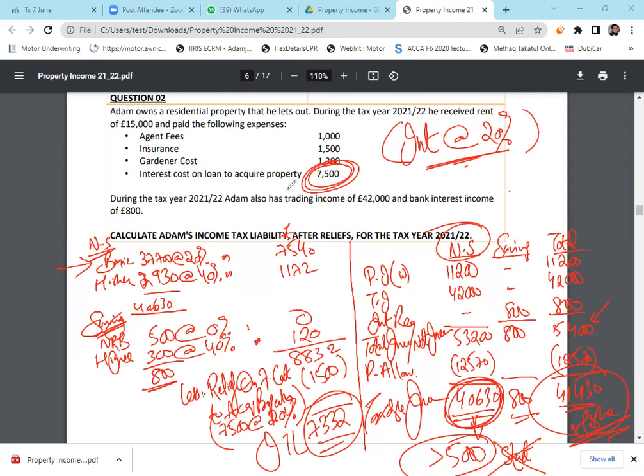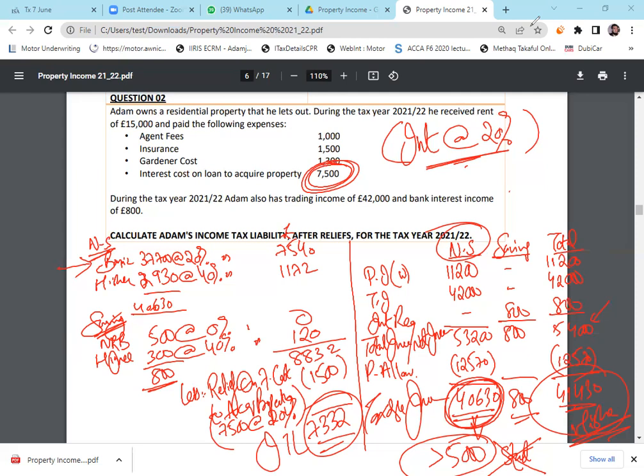Got my point? Could you repeat that again? I said interest on loan to acquire property is not an allowed expense in property income. That's why we wrote zero, right or wrong? Yes. But it's a reducer in income tax liability.